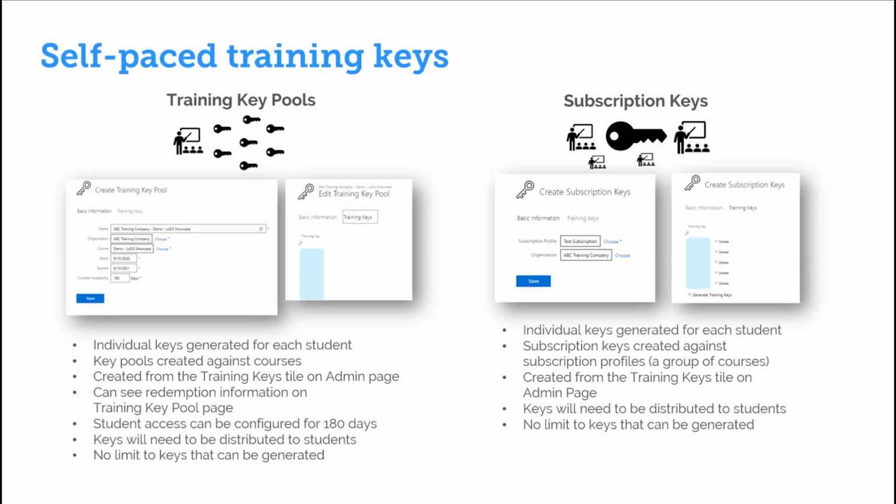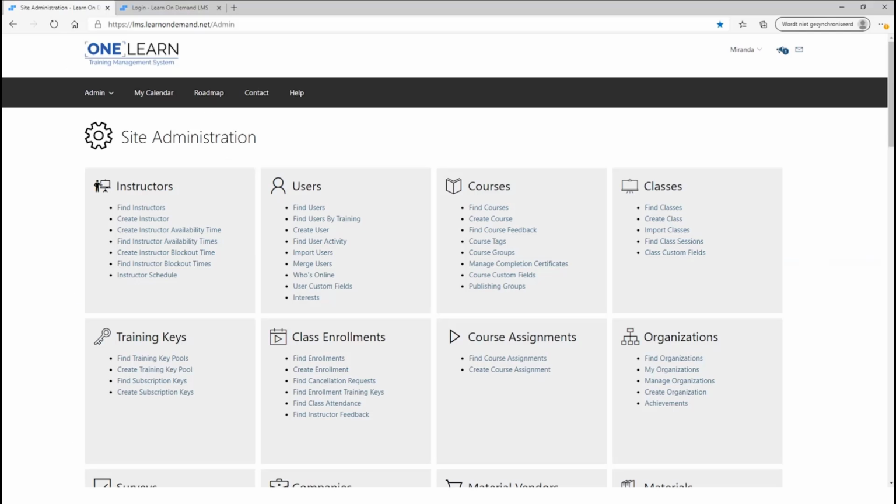This is great again for if you are planning on versioning out a course after a certain amount of time, or if you want to specify a limited amount of time for students to access labs, such as 30 days instead of 180 days. Let me open that so I can show you.